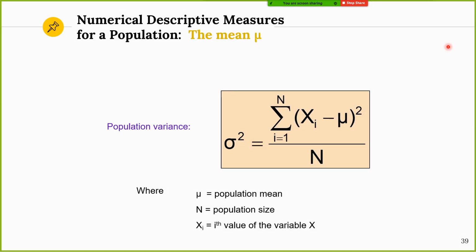And also for this population variance, the same. But what is the difference here? Can you spot the difference between the formula of this population variance compared to the sample variance?